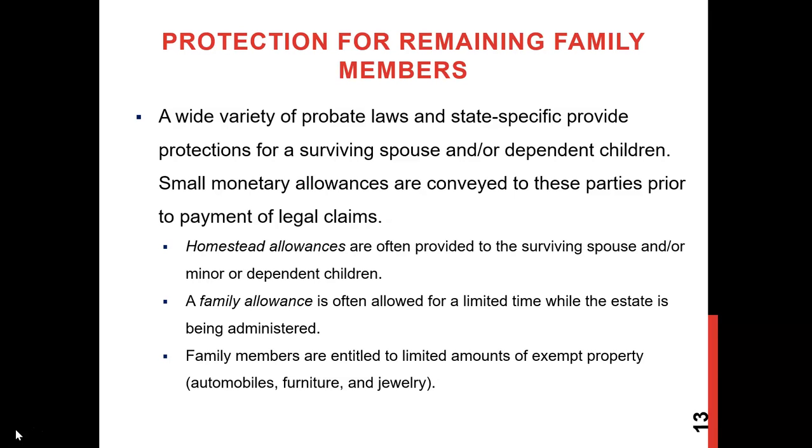And family members are also entitled to a limited amount of exempt property. The exempt properties are automobiles, furniture, and jewelries. So those properties usually are not recorded by the executor or considered when the administration process starts.